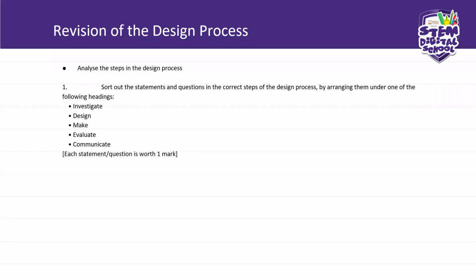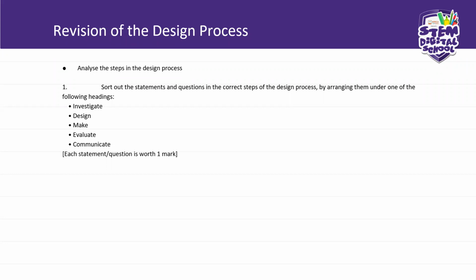Okay. We did the design process yesterday. I said we're going to repeat it because it's the foundation of the production world. In the industries, they exercise a lot of design process, so we need to know it. Just as a revision of the design process.